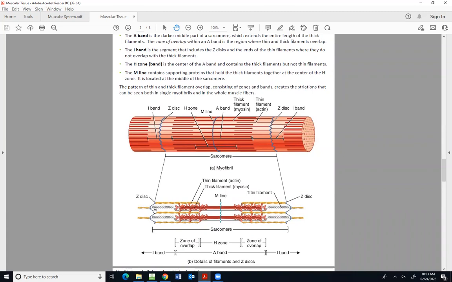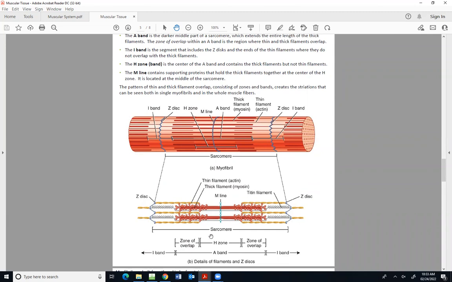The Z-disc borders the sarcomere at the end here, but the I band extends into the neighboring sarcomere. You can see where the other sarcomere will be going in this direction, and the other going in this direction. In this case, we can really only see a little bit of the two neighboring ones. These are why you see the light striations.